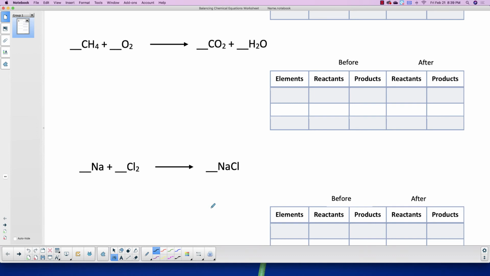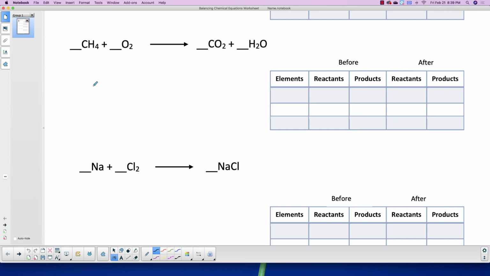So let's go right ahead now and balance this first equation right here. First equation we're going to be working on. So what we have is something called methane, which is natural gas, and in the presence of oxygen, if we put a little bit of energy in by lighting the methane up and allowing it to burn, we end up with carbon dioxide and water.